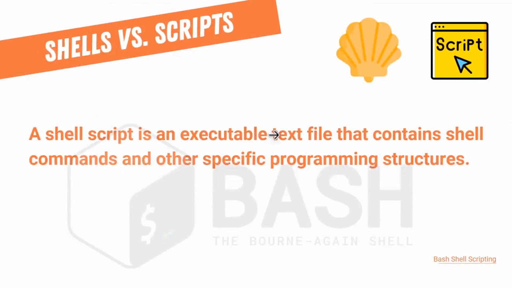Now that you've understood what a shell is, let's move on and see what a shell script is and why we need them. A shell script is basically an executable text file that contains shell commands and other specific programming structures and components like variables, parameters, functions, loops, and so on that are executed sequentially.